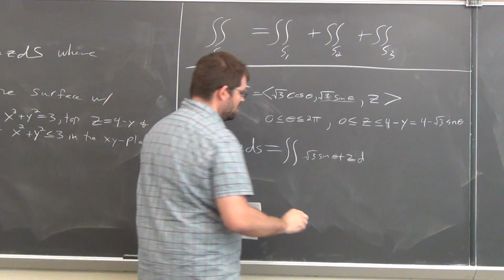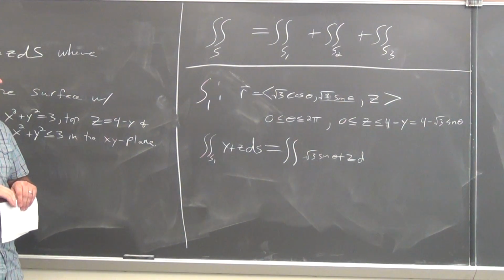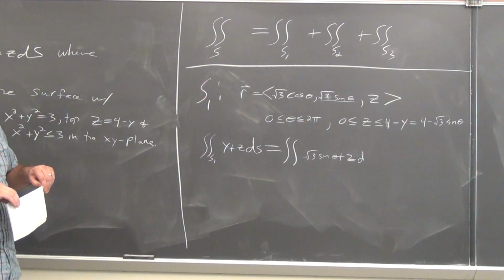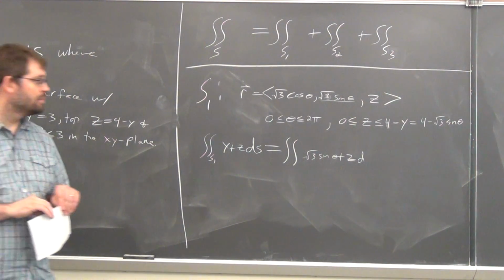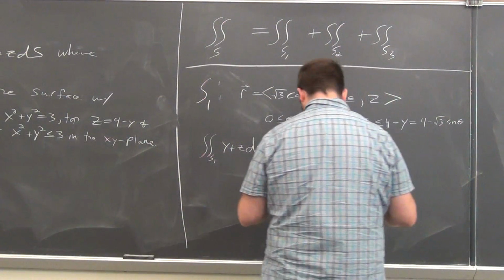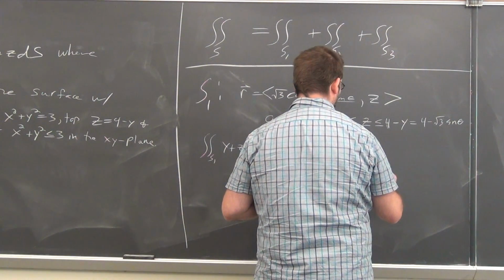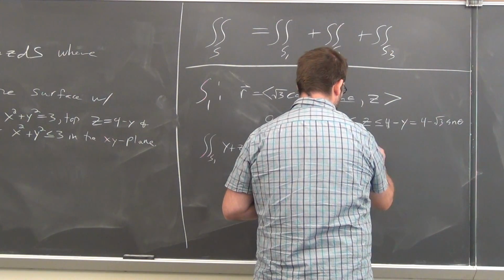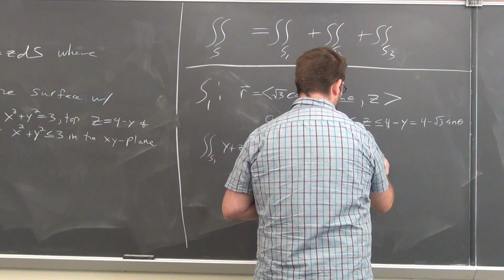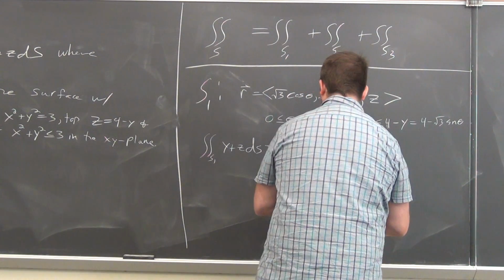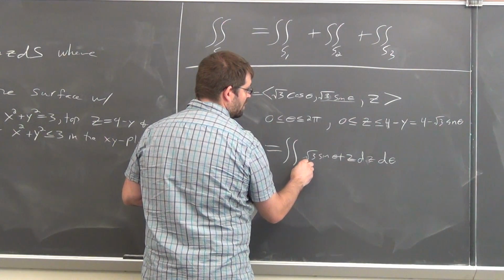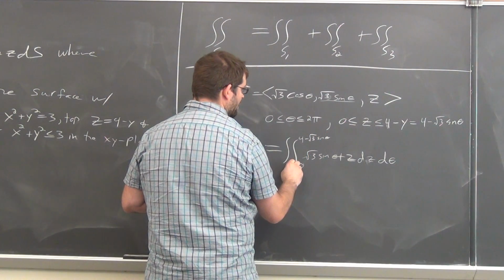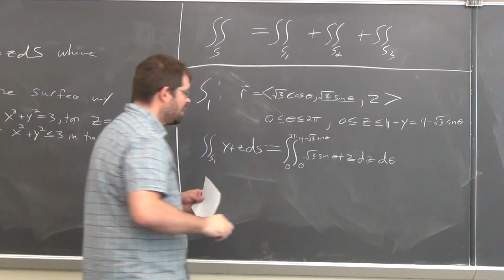That would be fine, I guess. dz d theta, right? And your bounds are just what? 0 to 4 minus root 3 sine of theta, and then 0 to 2 pi. Is that okay?